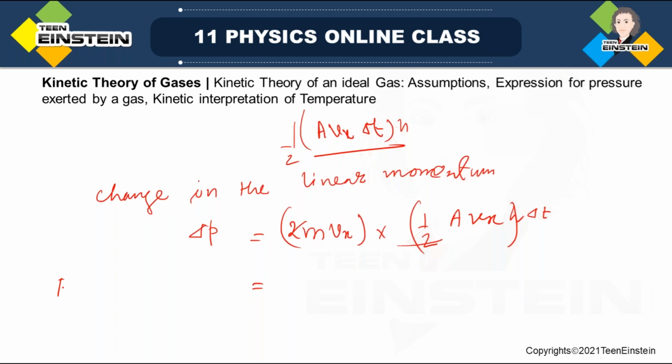But if we want to calculate the force exerted, then the force will be the rate of change of this linear momentum. So this would give you m Vx A. I'm sorry, there will be no dt.